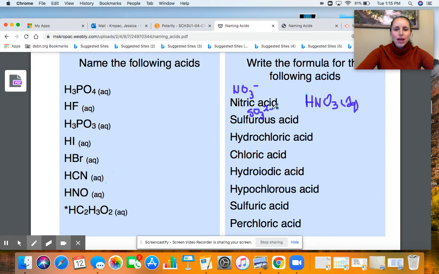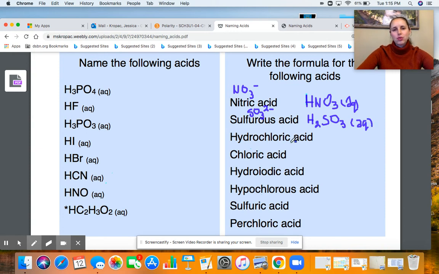Since we have that 2 negative, we need to do that crossing over rule. That 2 is going to get written next to hydrogen. So we're going to have our hydrogen because it is an acid, and we write that 2 from sulfite next to it. Remember that hydrogen always has a charge of +1, so there's never going to be anything written next to these polyatomic compounds. And it is aqueous because it's an acid.